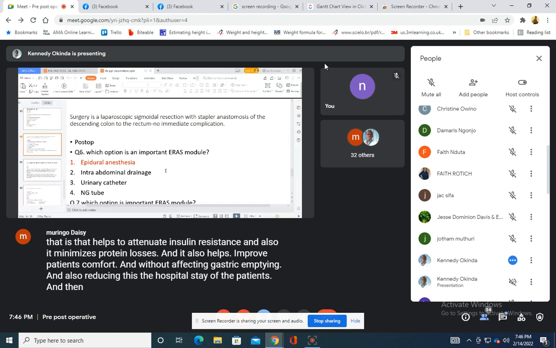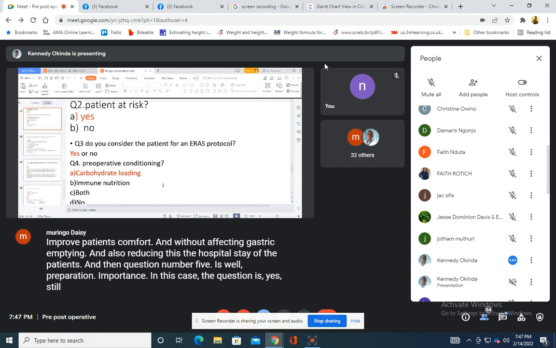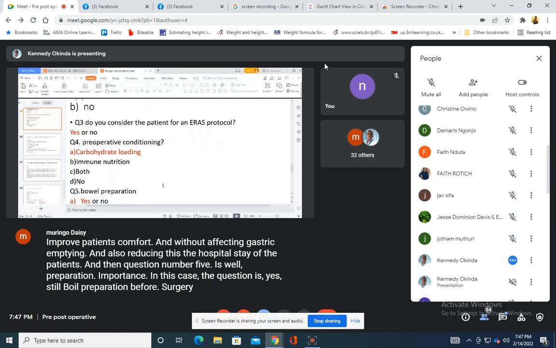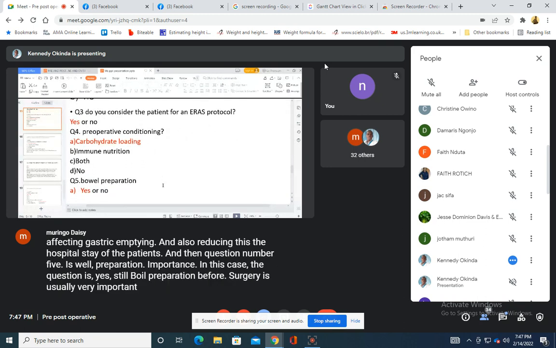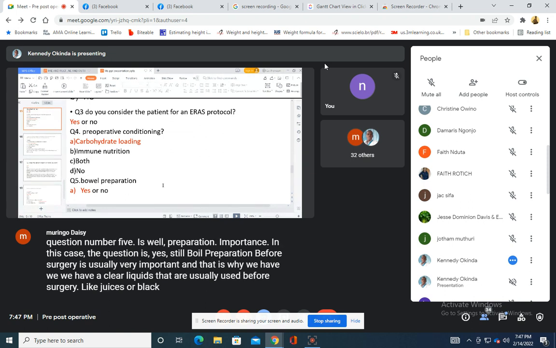And then question number 5: is bowel preparation important in this case? The answer is yes. Bowel preparation before surgery is usually very important. We have clear liquids that are usually used before surgery, like juices or black tea that is sugar free.